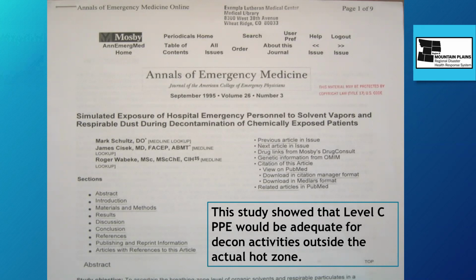Well, a study that was done now almost 26 years ago showed that level C PPE is adequate for decon activities outside the actual hot zone and for hospital purposes. So level C protection using appropriate dress and a PAPR would be adequate.